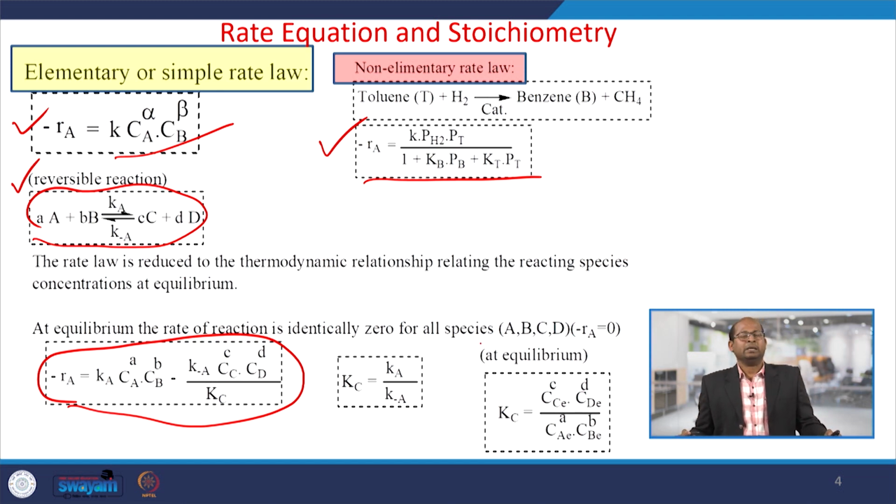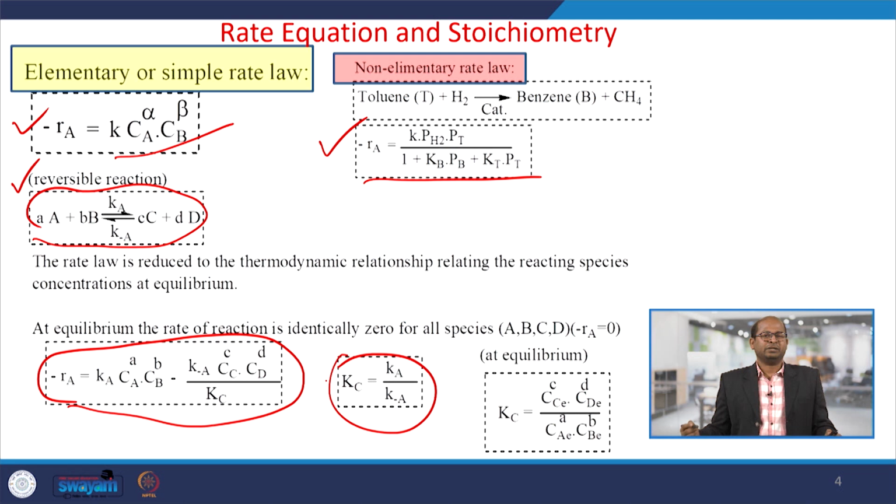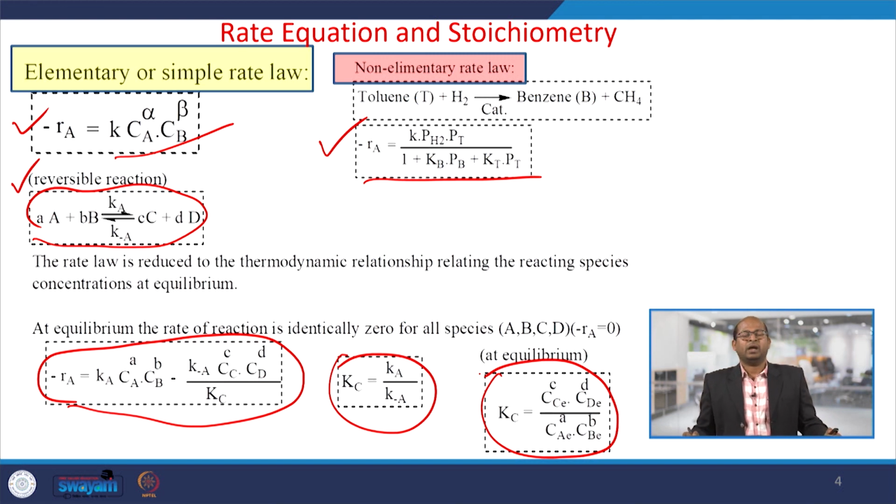When it is in the equilibrium state, the rate of disappearance and formation should be 0. Then we can write the equilibrium constant K_c equals k forward by k reverse, or in terms of concentrations at equilibrium, K_c equals the concentration of component C times the concentration of D, divided by the concentration of component A times the concentration of B.